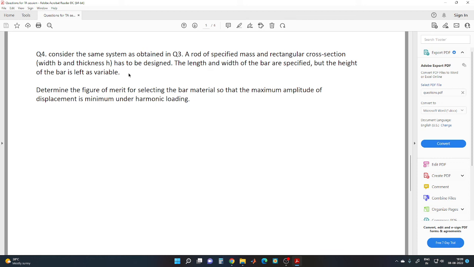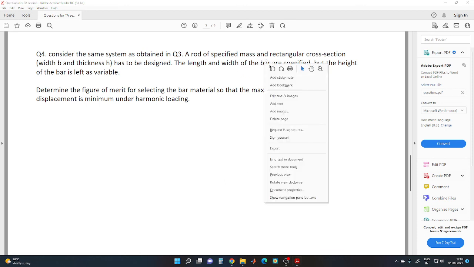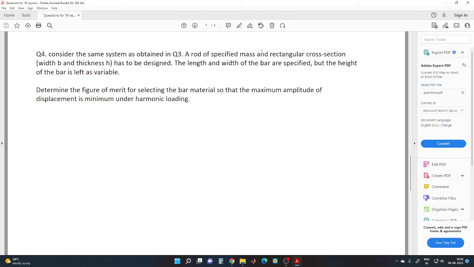For that, you can see the lecture. There it is quite well discussed how to solve it for a beam. Right now in this question, what we want is actually a bar. It is not a beam, it is a bar. In case of a bar, you have axial loading, and that is why the equivalent stiffness also changes. So there is a small variation in the solution.